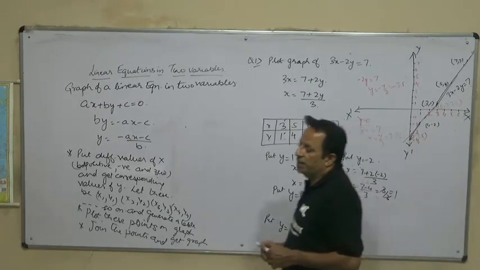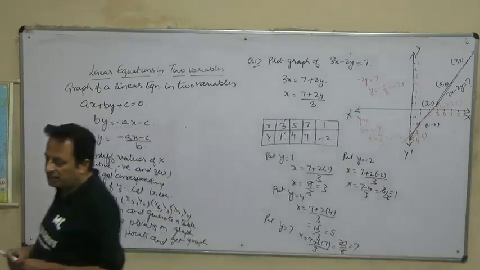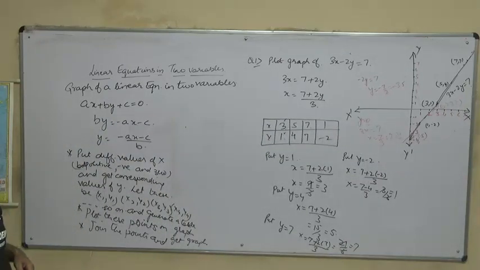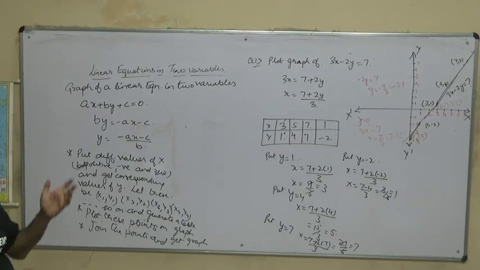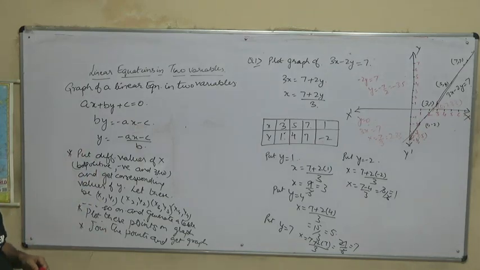We can see where the line cuts the axes, and we know that on x-axis y is 0 and on y-axis x is 0. So the line cuts both the axes and we have generated various points. Join those points, then we can get the line.